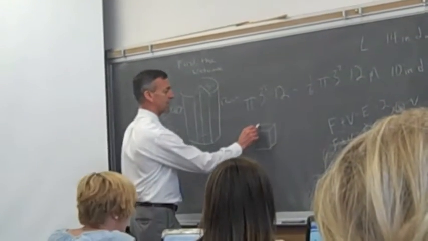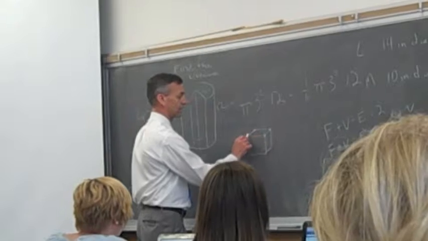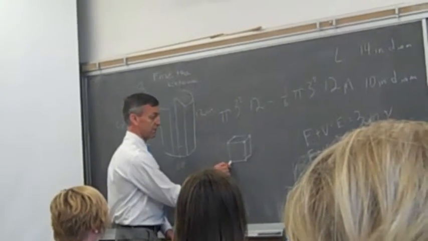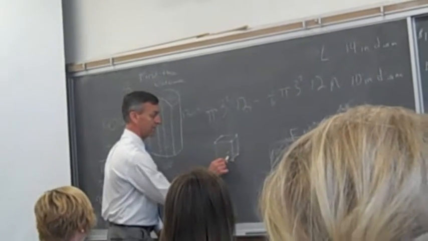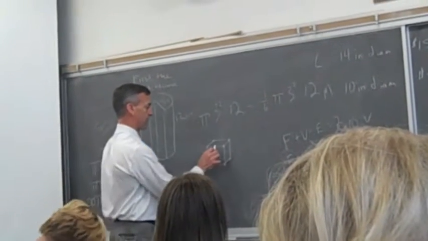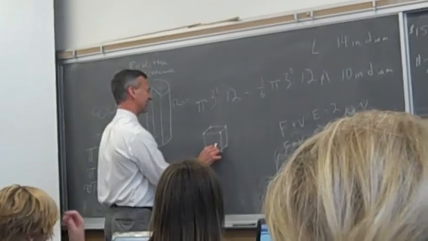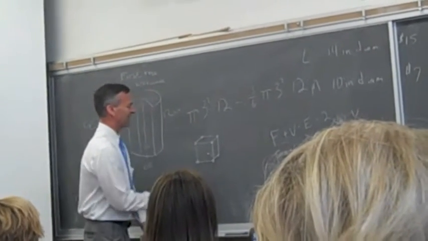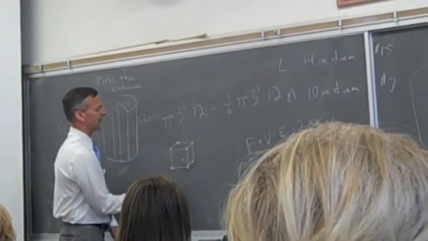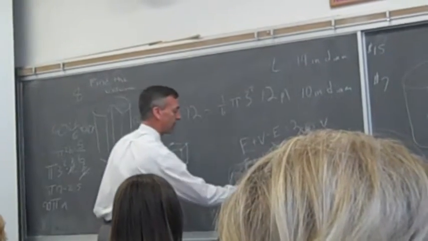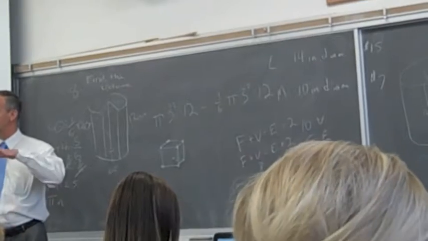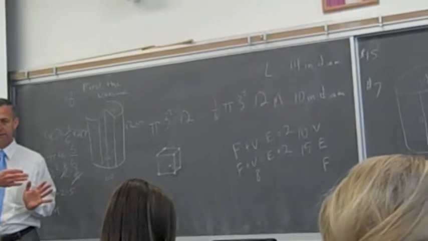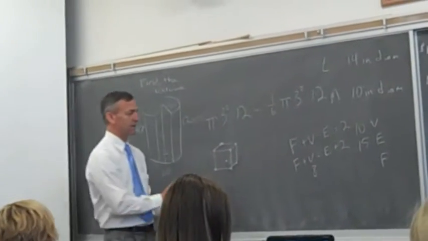You're going to say to yourself, this is so easy to do. How many vertices? 8 vertices. How many faces? Top, bottom, front, back, left, right. 6.